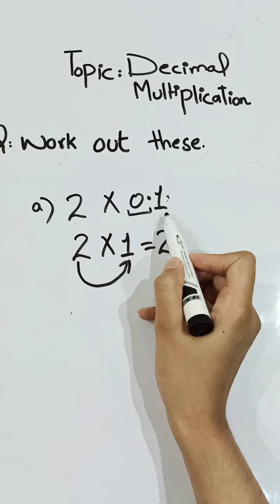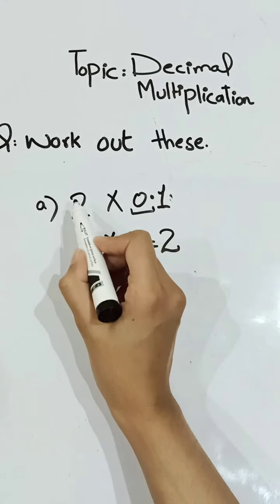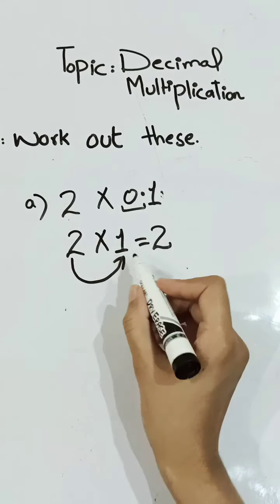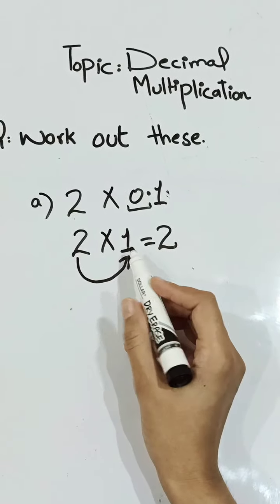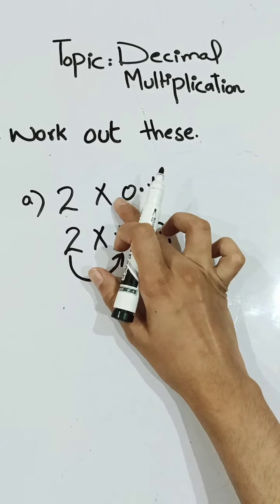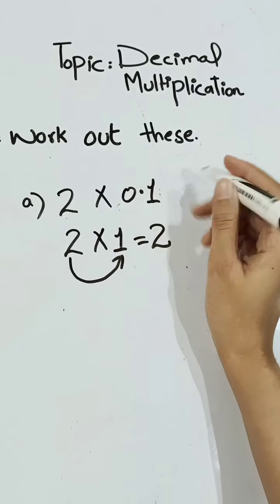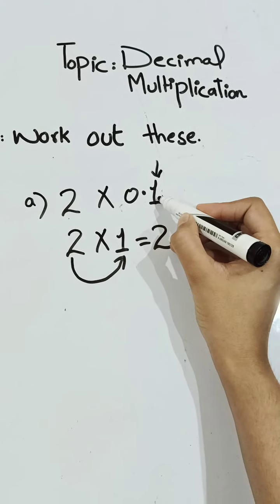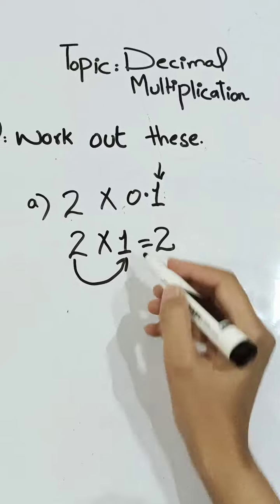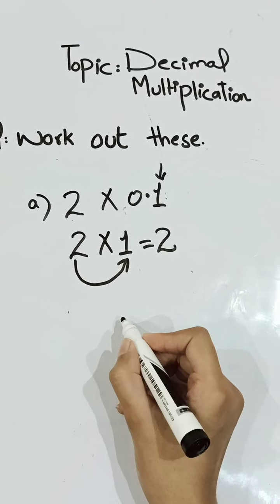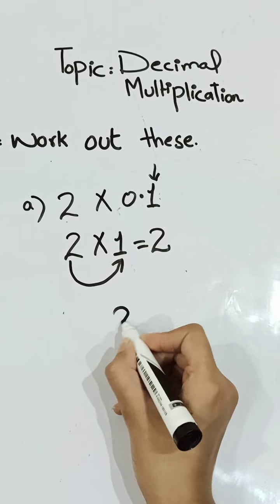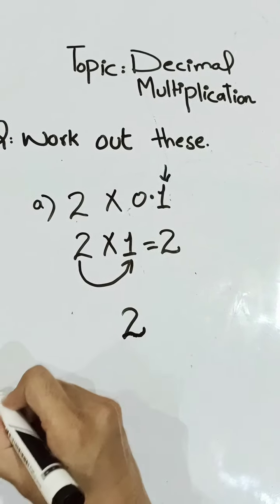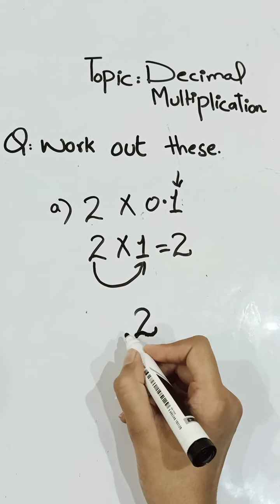As you have finished your multiplication, because there was just one number 2 and one decimal number 1, after multiplying you have to see how many values there are after the decimal. After the decimal we just have one value here, and when you write the value in the answer, from the last digit towards the left you have to put the decimal.